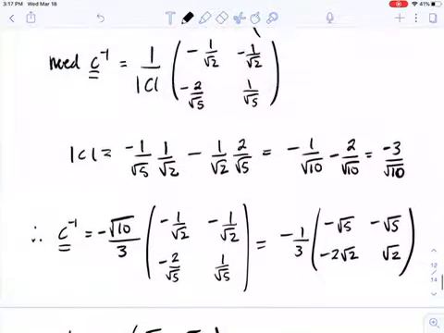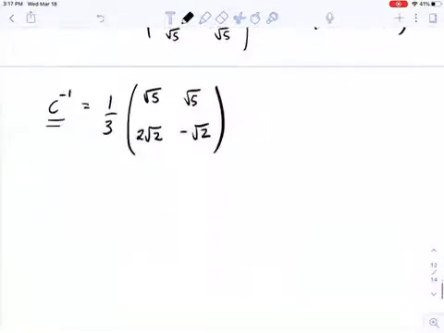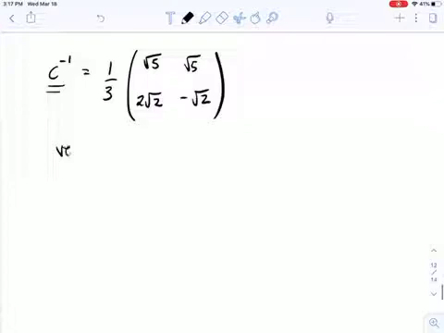So before we go on, let's just make sure that if we actually calculate C times C inverse, we get the identity back. So let's verify that.